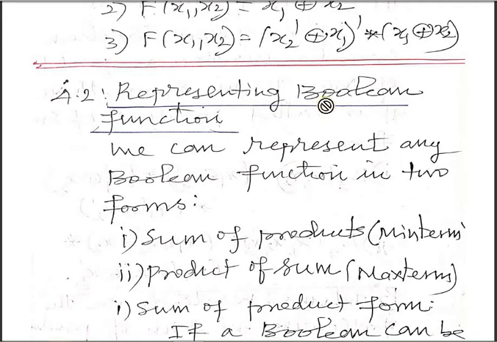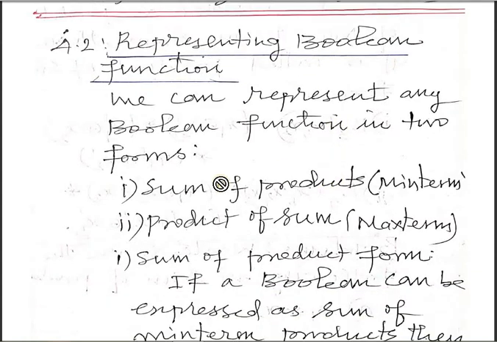This Boolean expression can be put in different forms. We have already studied in our lower classes, in the BSc discrete mathematics class, about PDNF and PCNF. Can you remember those things? PCNF means principal conjunctive normal form. PDNF means principal disjunctive normal form. So the Boolean function, based on a Boolean expression, is written in the form of sum of products or product of sums.